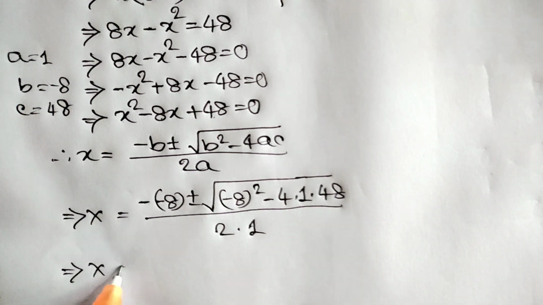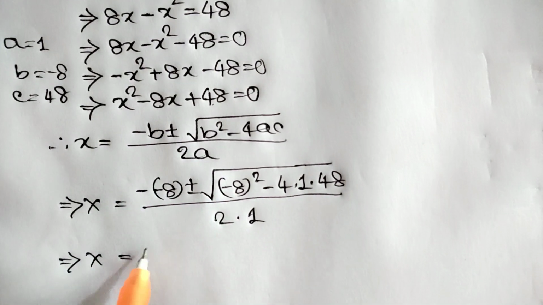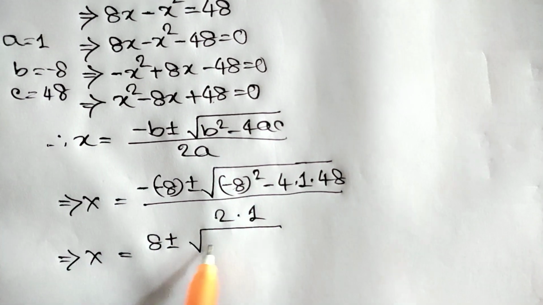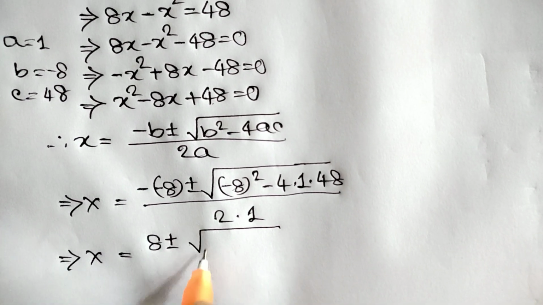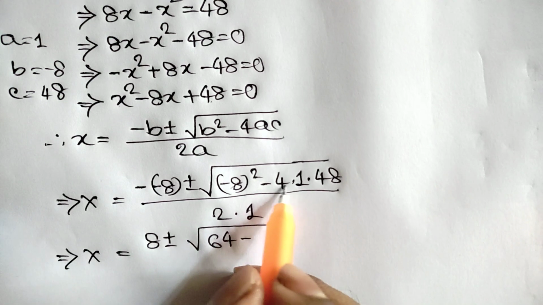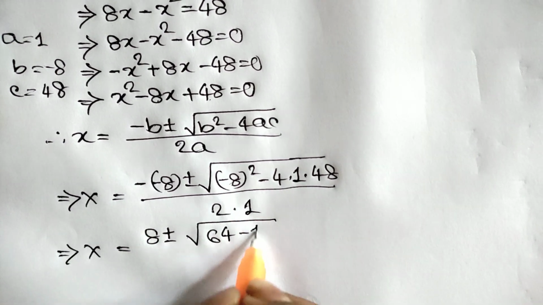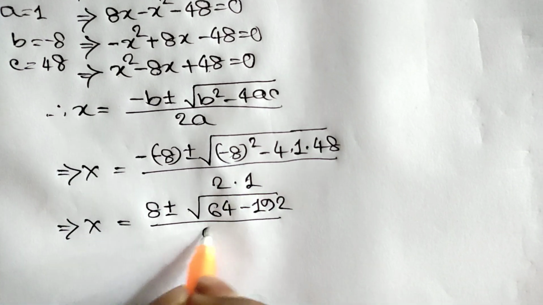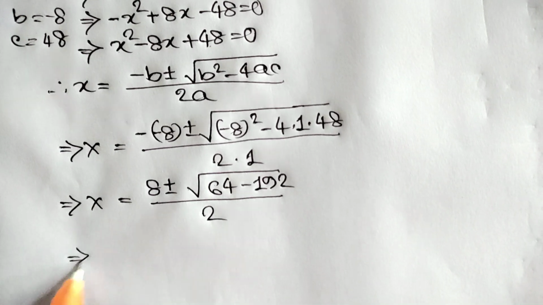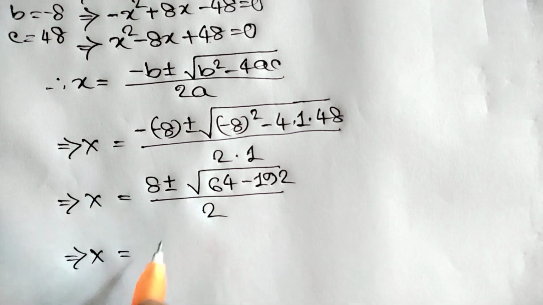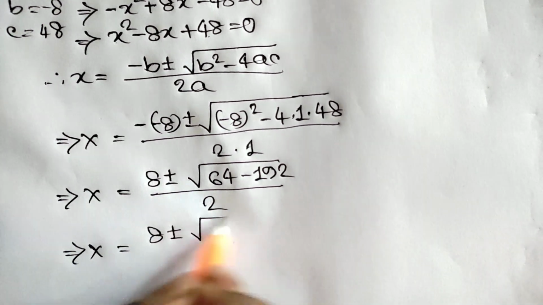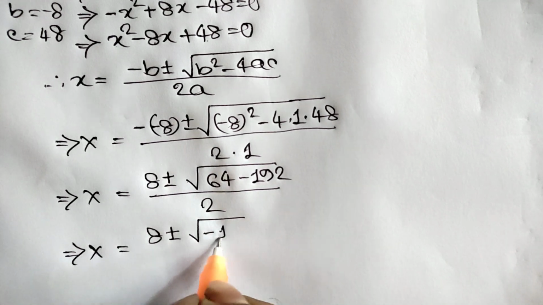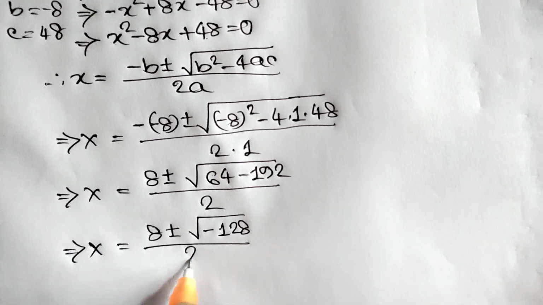Or x is equal to minus times minus 8, positive 8, plus or minus square root of negative 8 square is 64 minus 4 times 1 times 48, that means 192, over 2 times 1 is 2. Or x is equal to 8 plus or minus square root of 64 minus 192, which is negative 128, over 2.